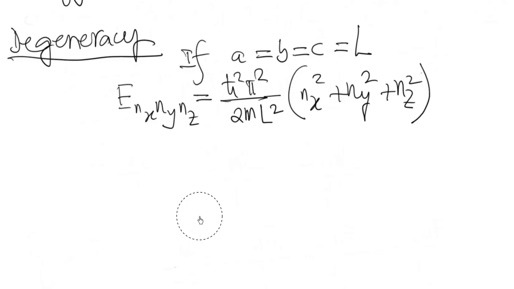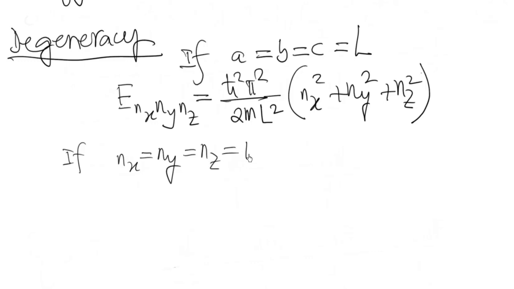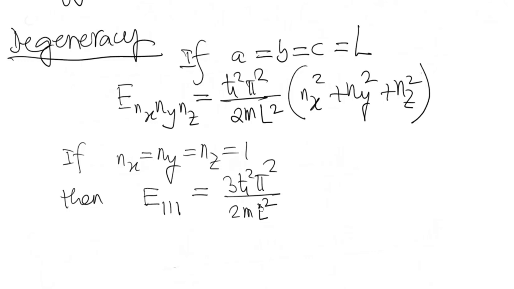The lowest energy level will be that for which nx equal to ny equal to nz equal to 1, and for this level the energy is, if we take nx equal to ny equal to nz equal to 1, 3 h square pi square by 2m L square.